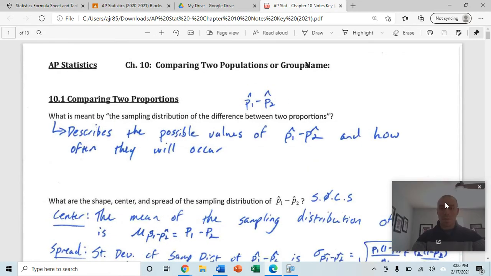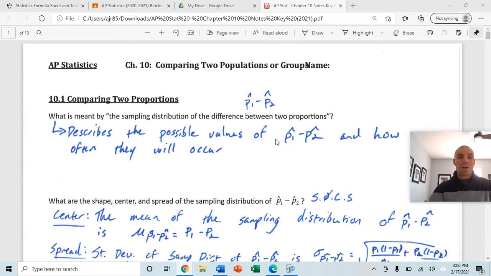First thing in section 10.1, there is a lot in here. We're going to be comparing two proportions. So the first thing we want to talk about is everything is based off of that sampling distribution of the difference between the two proportions. So that sampling distribution describes all the possible values of your one sample proportion minus your second one and how often they occur.